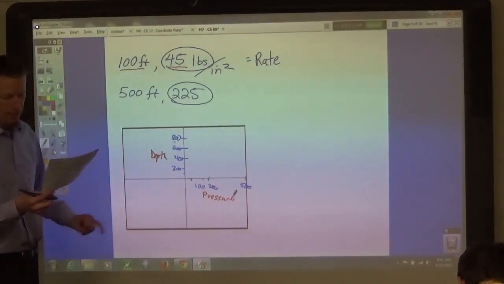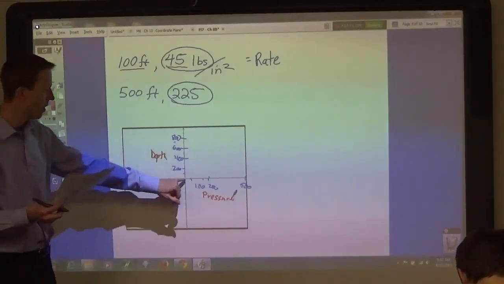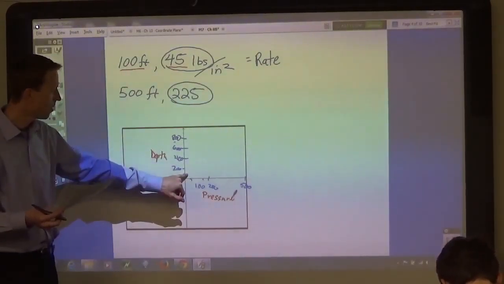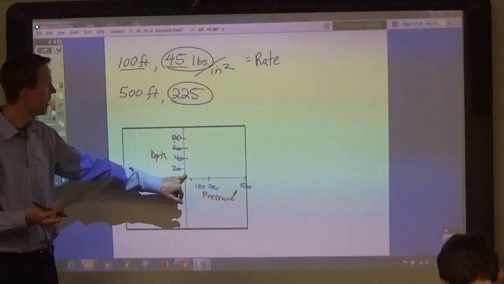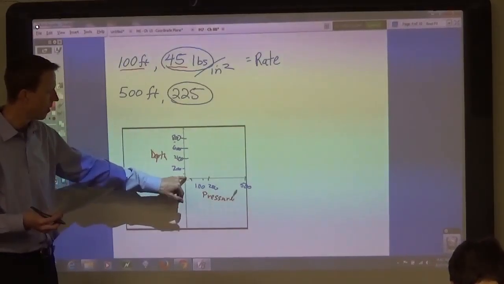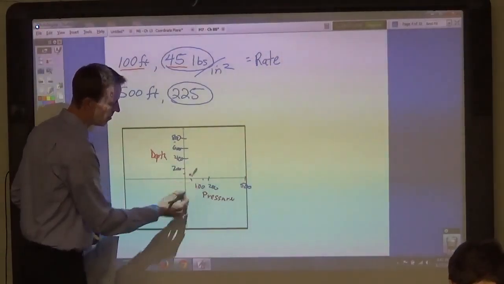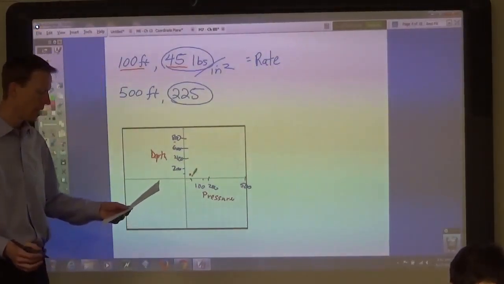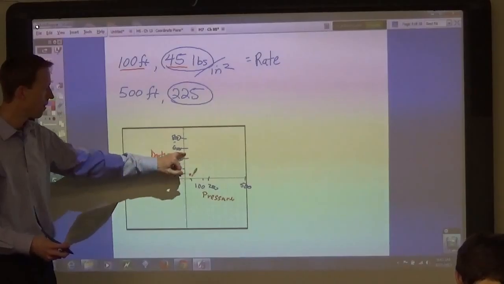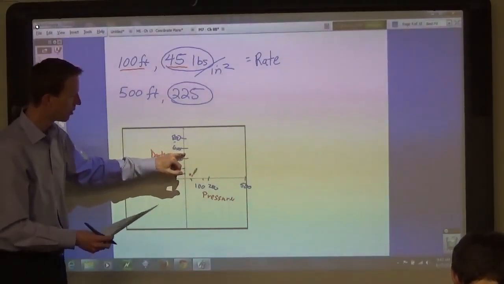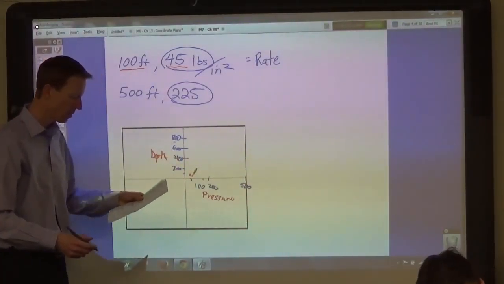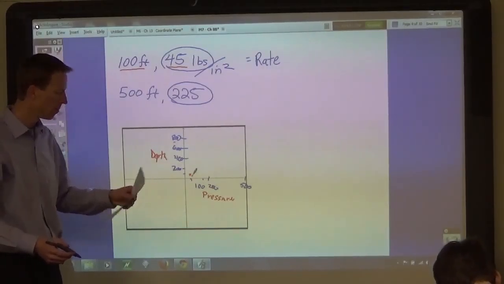So, at a depth of 100, the pressure is at 45 pounds. Okay? And then at a depth of 500, the pressure is at 225, right?